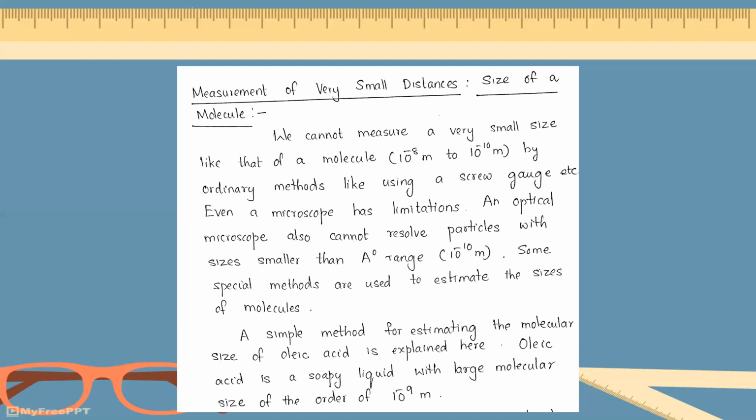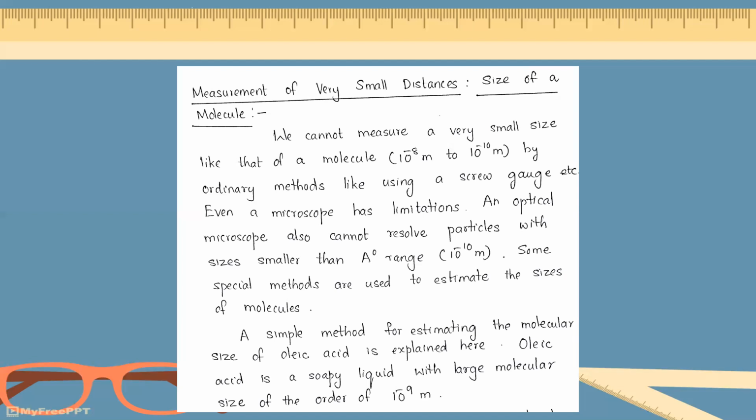The size of a molecule will be generally 10 to the power of minus 8 meters to 10 to the power of minus 10 meters. An optical microscope also cannot resolve particles with sizes smaller than the angstrom range.